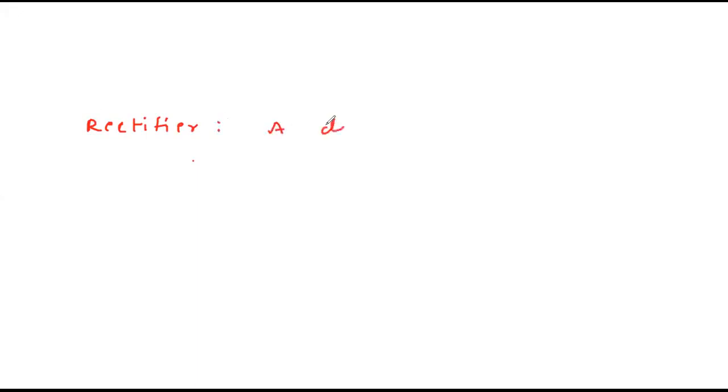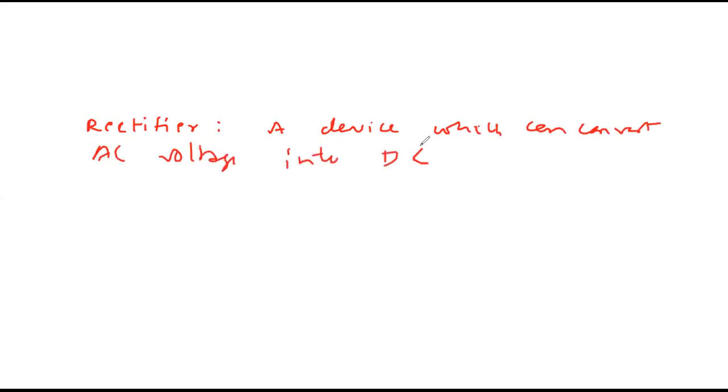A device which can convert AC voltage into DC voltage. A device which can convert alternating voltage into direct voltage is called as rectifier.